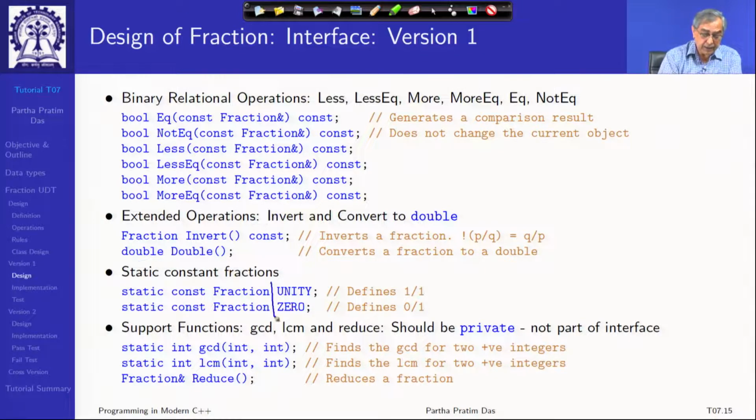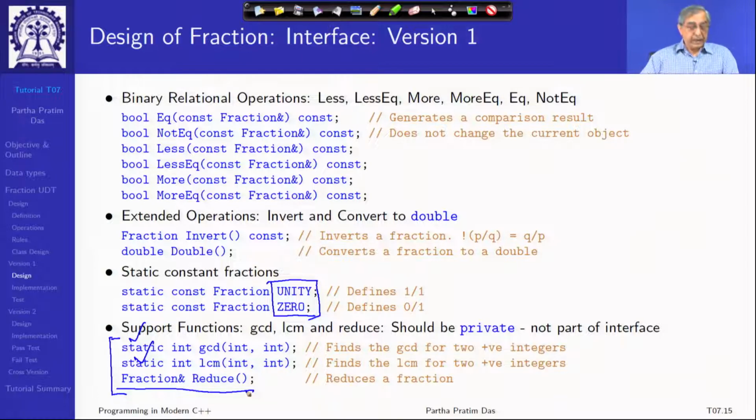In addition to that, we define some unity fraction and 0 fraction, because they will come in handy for writing the code. And we have the support functions for GCD, LCM. These are not dependent on your fraction class. So, they are static members, and you have a reduce which does reduction on the current fraction object to bring it to the normalized reduced form.